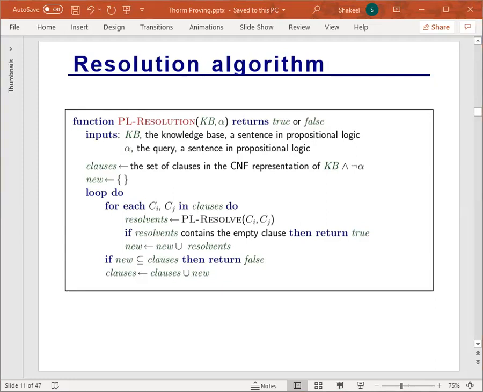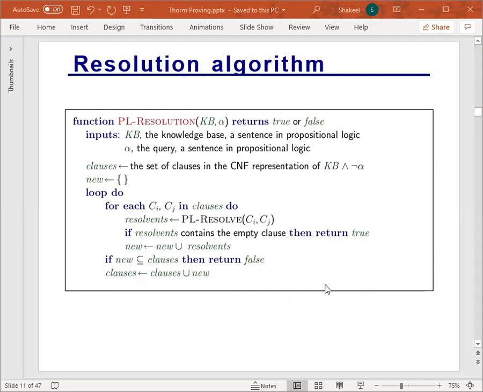Otherwise, if the resolvent does not contain the empty clause and we are not creating any new resolvents, then we return false. This means that KB does not entail alpha, or that no new clauses are added to KB. So these are the two outcomes.